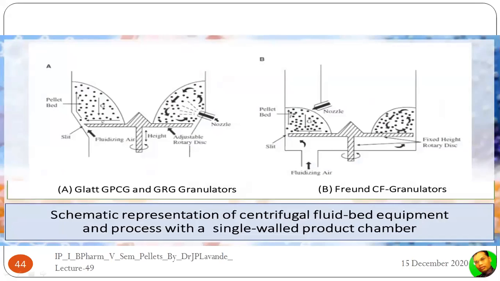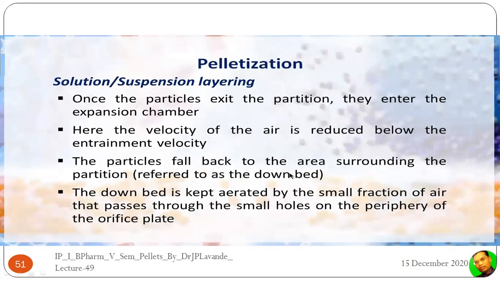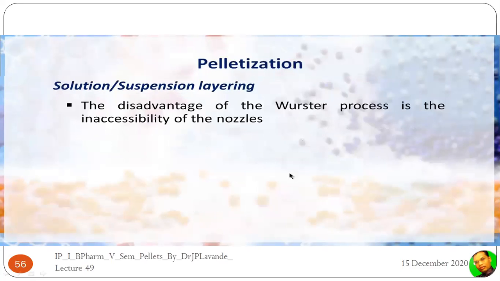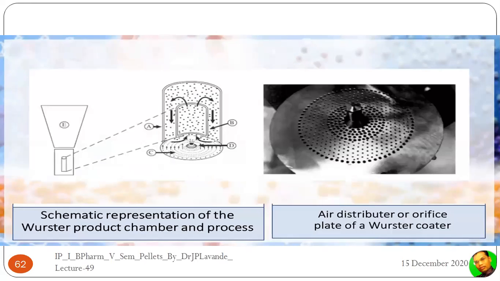This is the technique in which fluidized bed equipment is going to be used, with two different models, two different designs in which there is an arrangement of the nozzle from the outside and inside respectively in A and B. At the same time, you will find an adjustable rotary disc and a fixed rotary disc respectively in A and B. Then we saw the Wurster technique, that is the solution suspension layering, a technique from 30 years ago, and the details and schematic representation associated with this process.